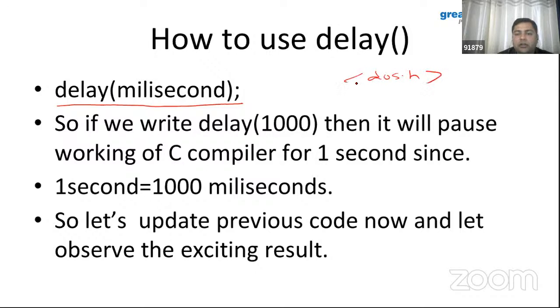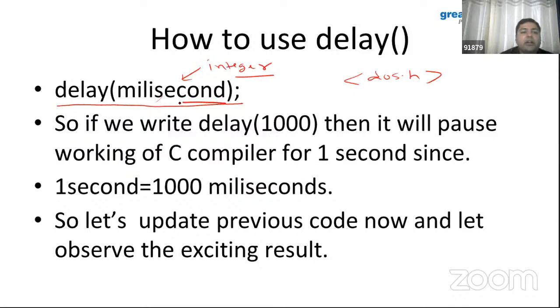dos.h is the respective header file of this delay function, right? This delay function accepts an integer number, and it considers this integer in terms of milliseconds.